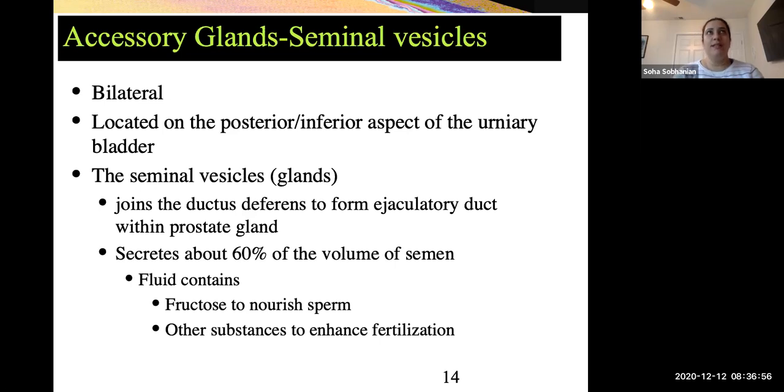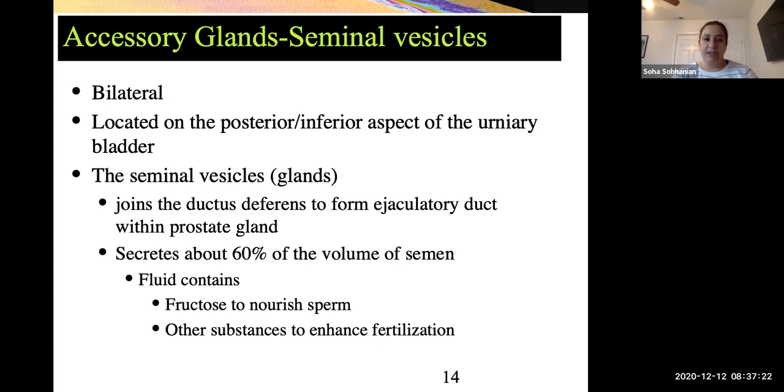So the question is, if the sperm has to swim such a long distance to eventually reach an egg, where do these nutrients come from? Its nutrients actually come from the area that surrounds it. So that's a really cool thing. The male body produces the food and sends it with the sperm, which I think is pretty awesome.